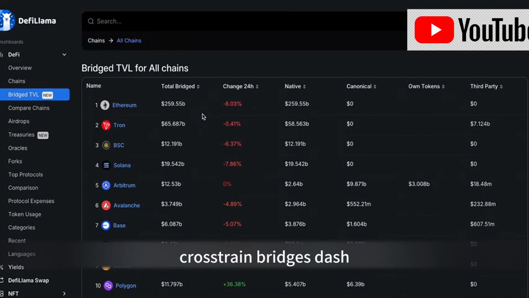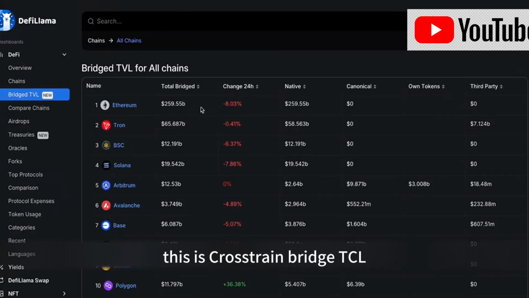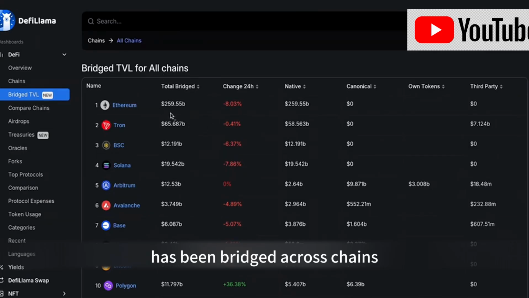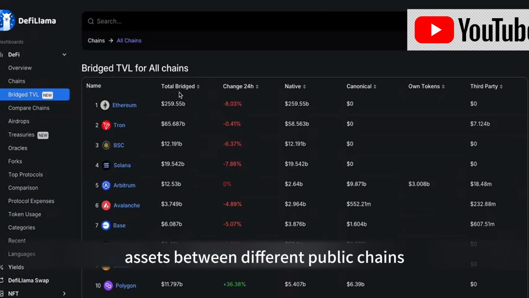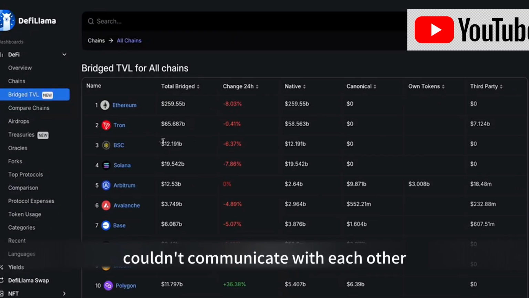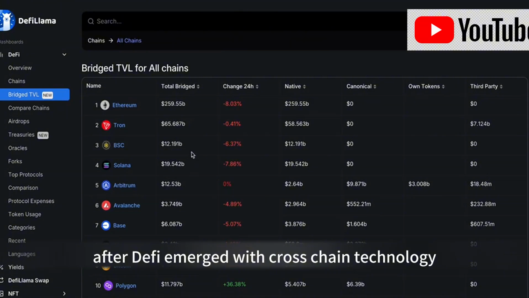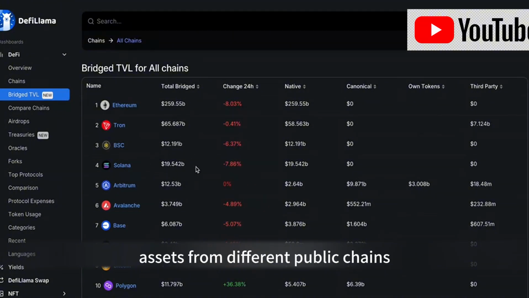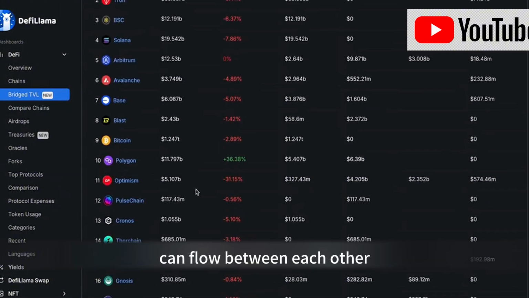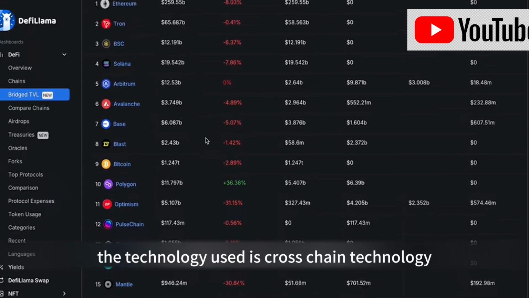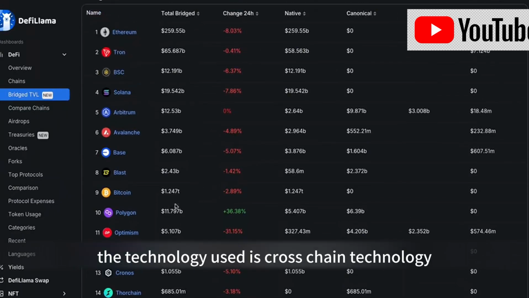Cross-chain bridges. This is cross-chain bridge TVL. This shows how much value has been bridged across chains. Before DeFi appeared, assets between different public chains couldn't communicate with each other. After DeFi emerged with cross-chain technology, assets from different public chains can flow between each other. The technology used is cross-chain technology.